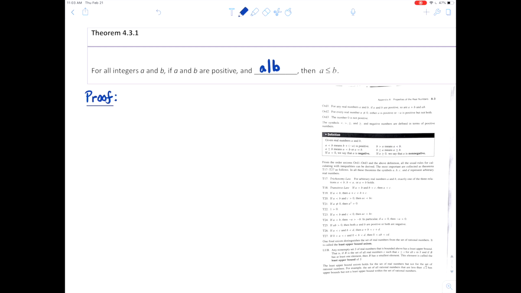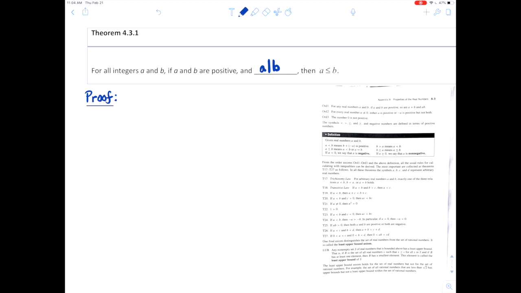See? Already earned a point, or at least half a point. Okay, so what are we going to need? We have these integers a and b. We know that they're positive integers, and we also know that a divides b. That's all given, meaning that's all in our premise.